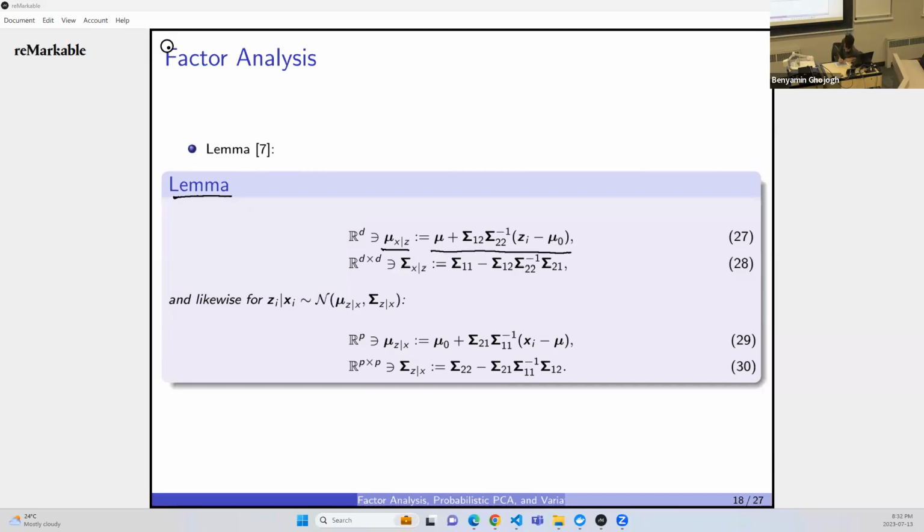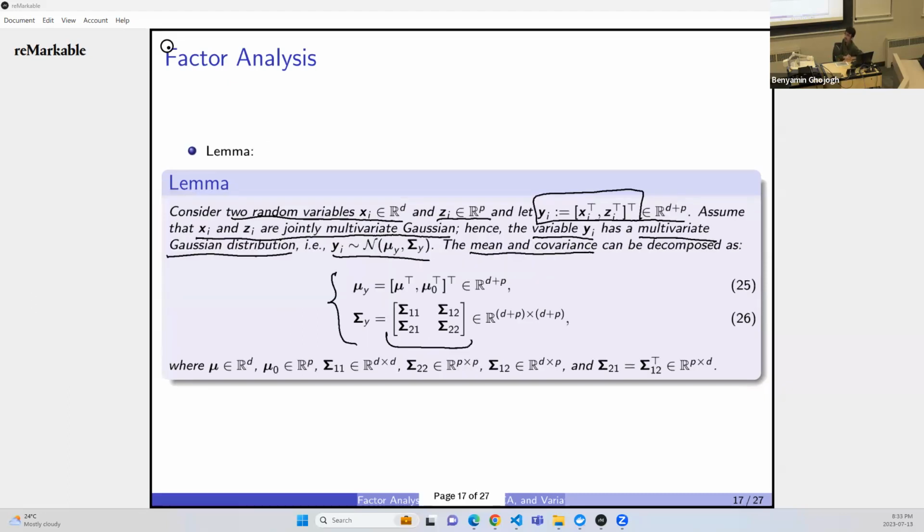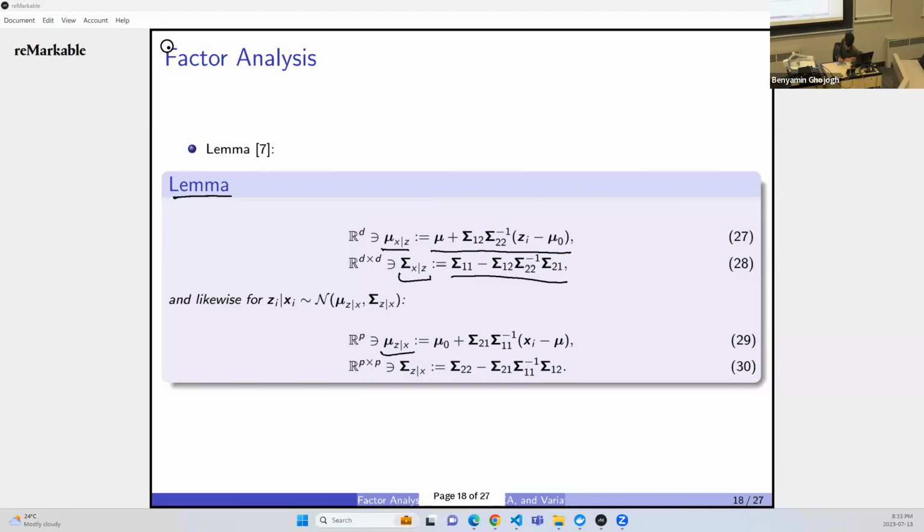The covariance of x given z is this. And sigma 1,1, sigma 1,2, sigma 2,2, and sigma 2,1 are the decomposition of the covariance matrix. Also, I can write likewise the mean of z given x and the covariance of z given x. So equations 27 and 28 are the mean and covariance of x given z. Equations 29 and 30 are the mean and covariance of z given x.